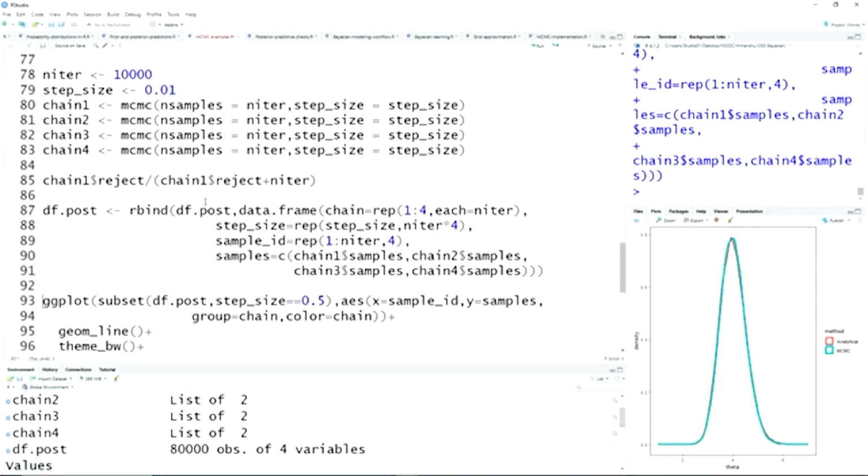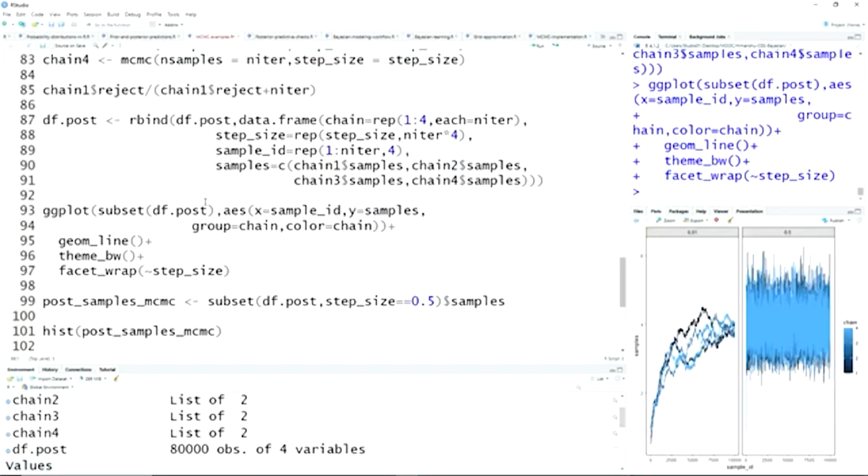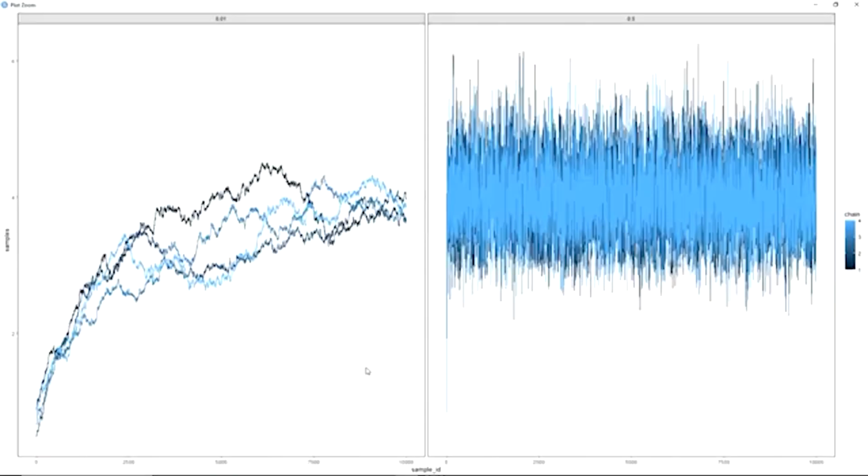So let's see. So this is a comparison of two step sizes. In this case, step size is 0.5. Chains are mixing really well. This is the case of step size 0.01.